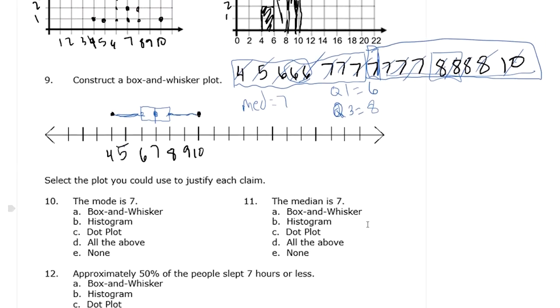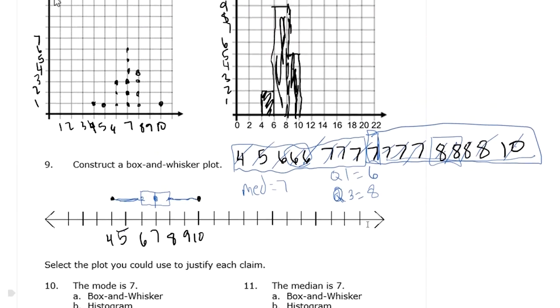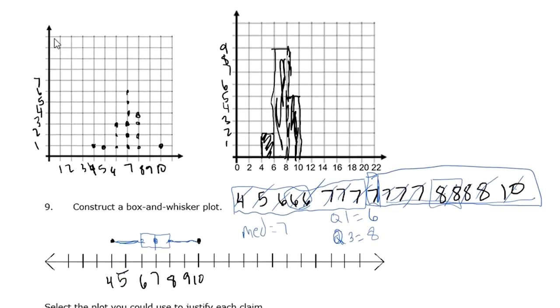Let's take a look at 10. Select the plot you could use to justify each claim. So we're going to look at the histogram, the box plot, or the dot plot to justify our answer. The mode is 7. Well, if we look at the box plot, which we just did, so far the only thing that I know, if this was all I was given, is that my median is a 7. It says nothing about how many 7s there are.